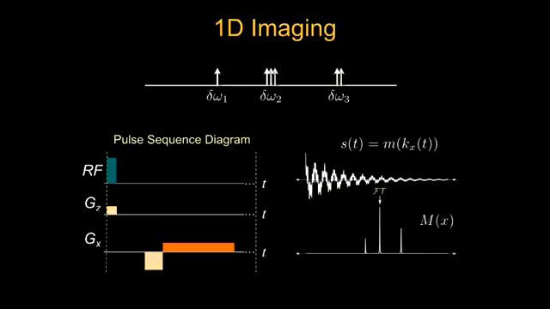So you record the signal, which is oscillating at different frequencies at different locations with different strengths, and once you apply the Fourier transform, you have 1, 3, 2, which is the strength of the proton density, the amplitude of that.